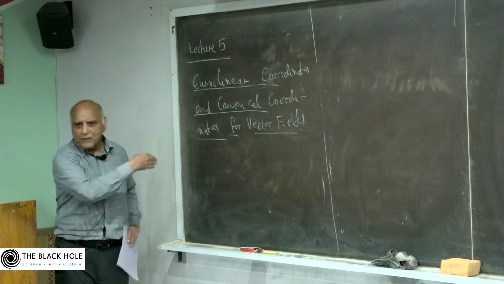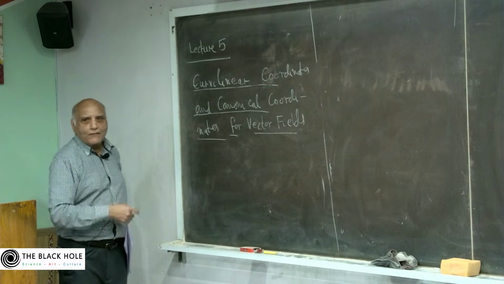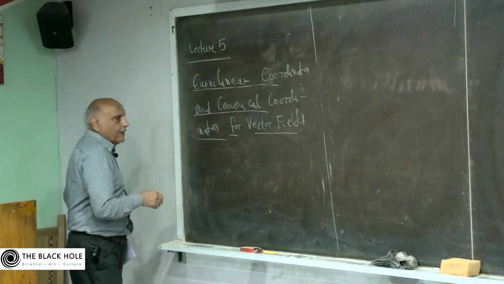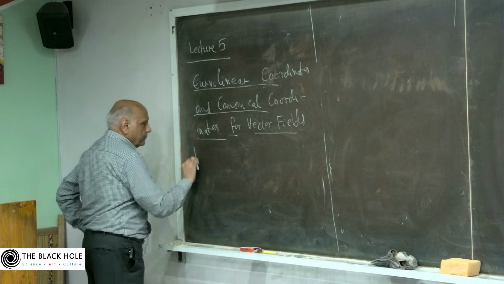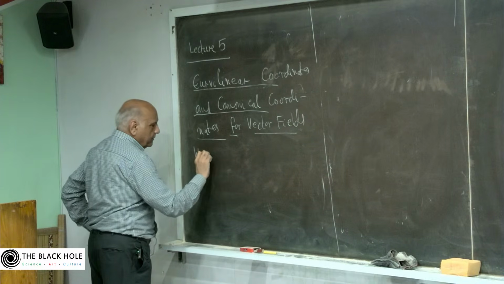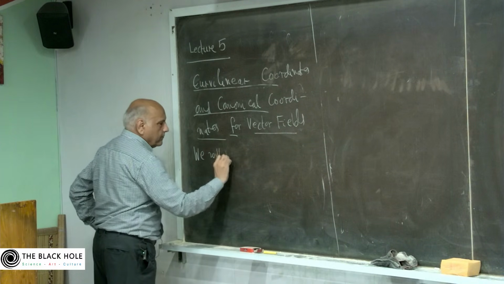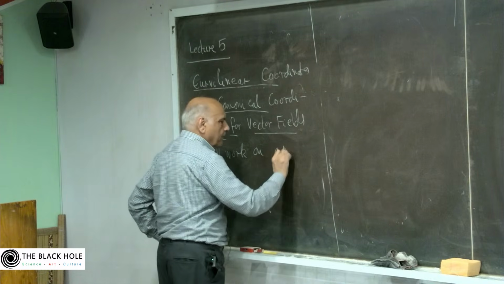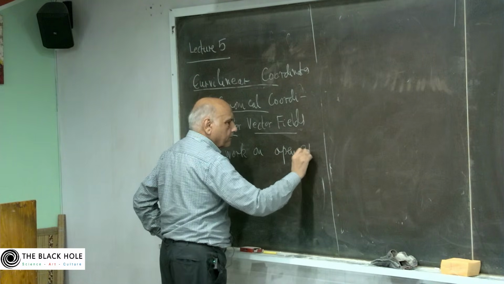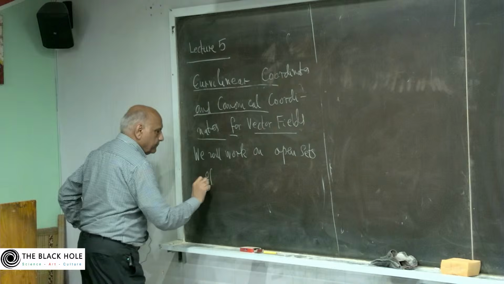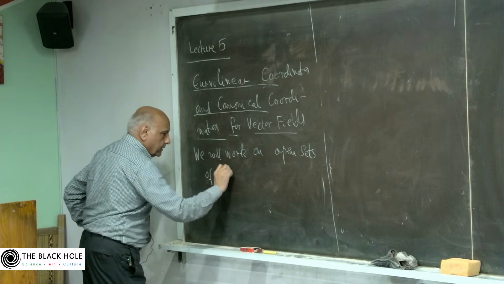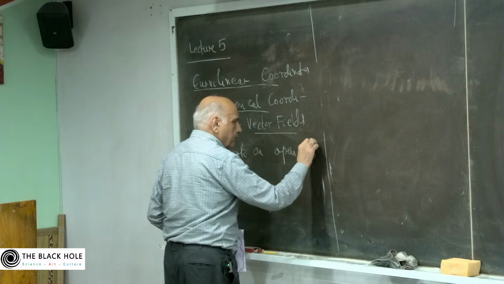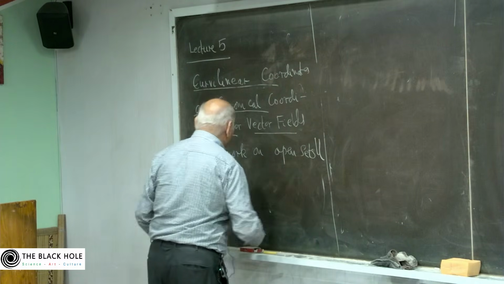In the notes I took n equals 2, but let's do the general case because I think now you can handle all these generalities. We will work on open sets of R^n. So on an open set, let's give it a name U of R^n.